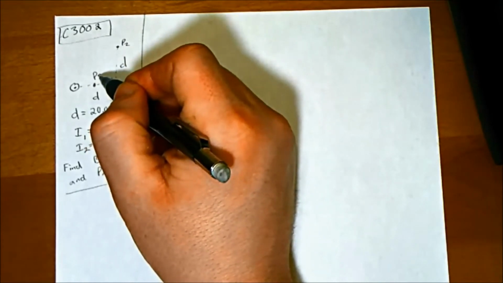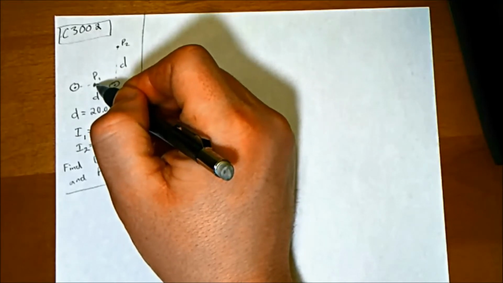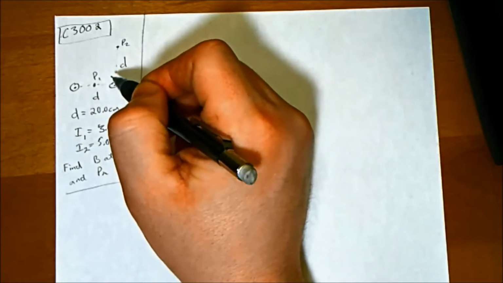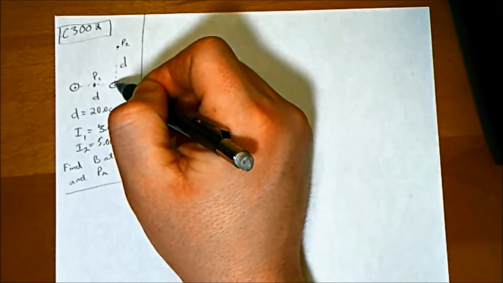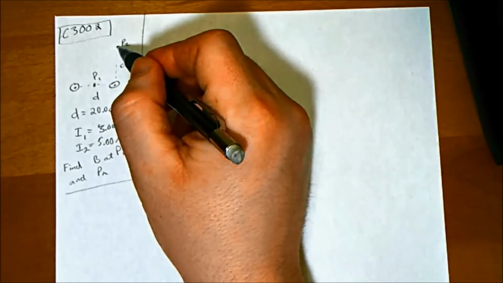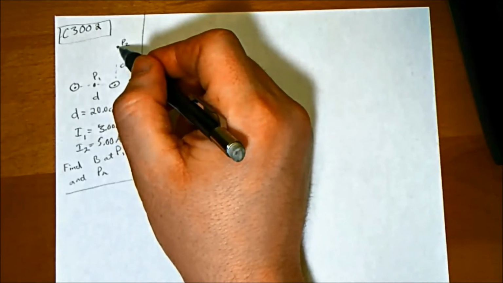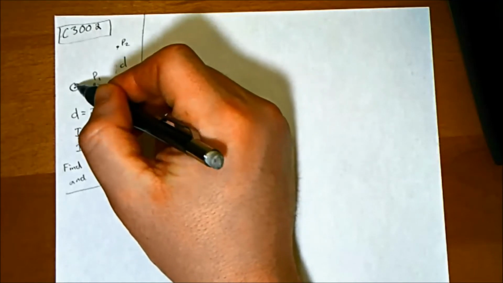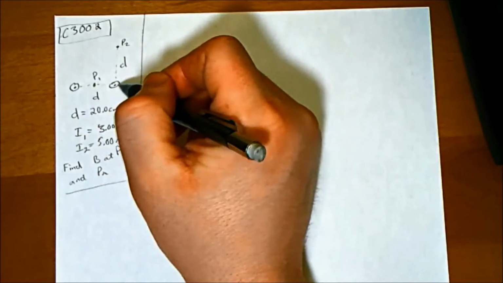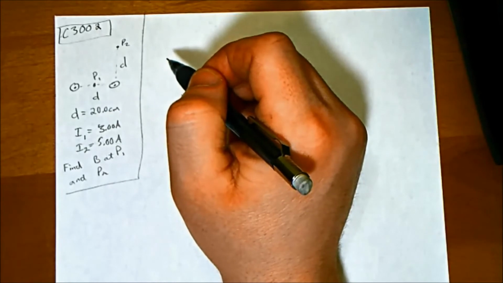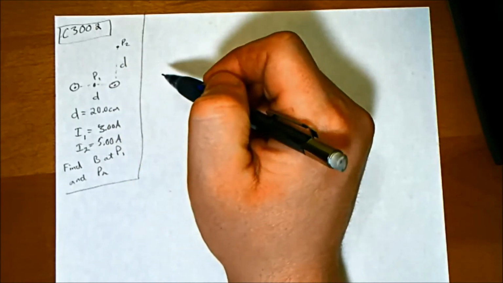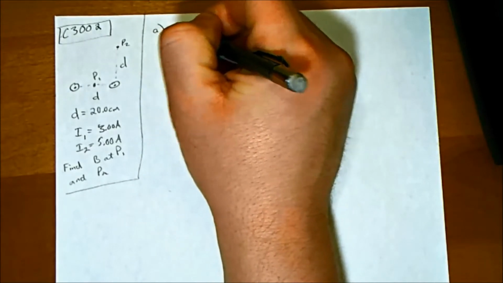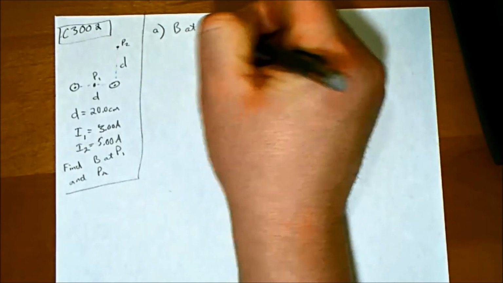First, we're asked to find the total magnetic field at point P1, which is halfway between the two wires, and then we are asked to find the magnetic field at point P2, which is a distance d above the wire on the right. Call that carrying current I2. So we know the currents through each of these wires. We know the distance. We just need to find the magnetic field at these 2 points. So let's look at A first. Find the magnetic field at point P1.